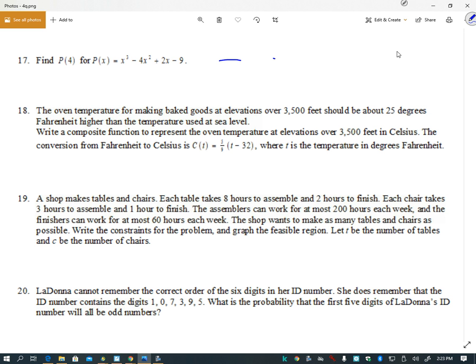So 1, 2, 3, 4, 5. Now it says, what is the probability? So it's number desired over number total. Now, I would circle odd numbers. So we got 1, 7, 3, 9, and 5, right? 0 is not an odd number. 0 is an even.